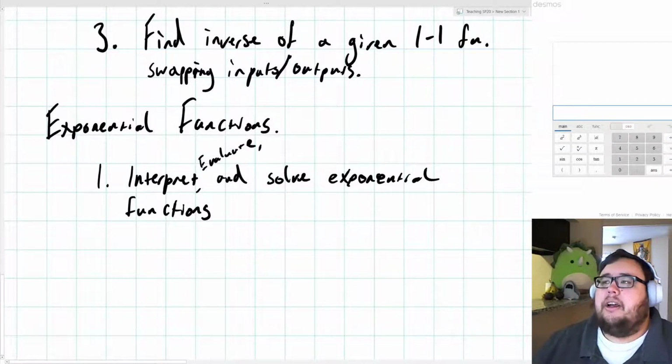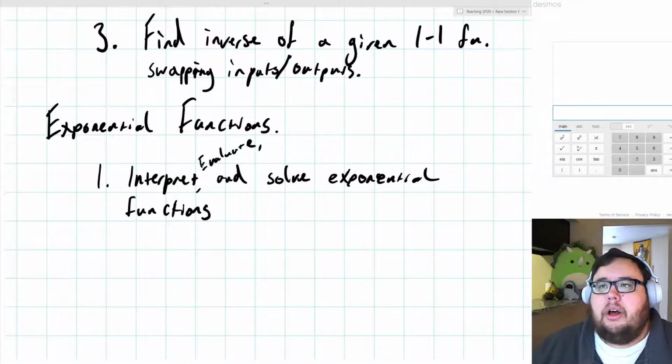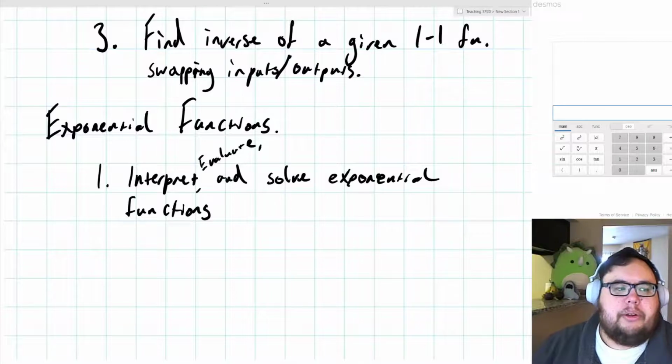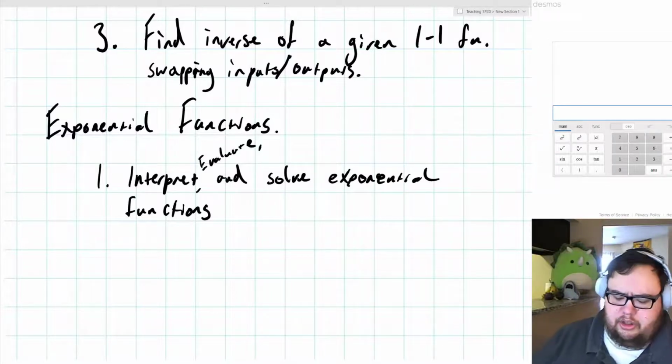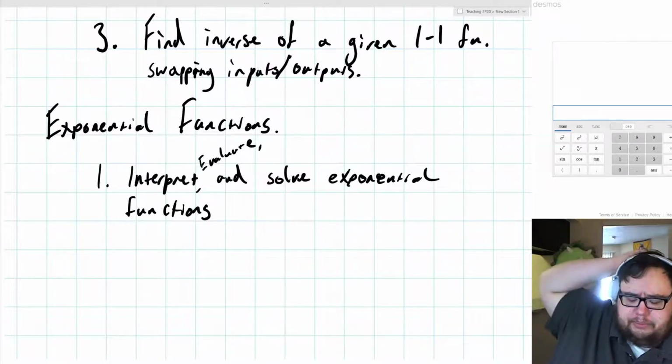By that, I mean that evaluating an exponential function is when I give you a value of the independent variable. That's stuff like, if I give you a compound interest formula and I ask you how much money you will have in 12 years, right? You're just plugging in the number of years to the compound interest formula.